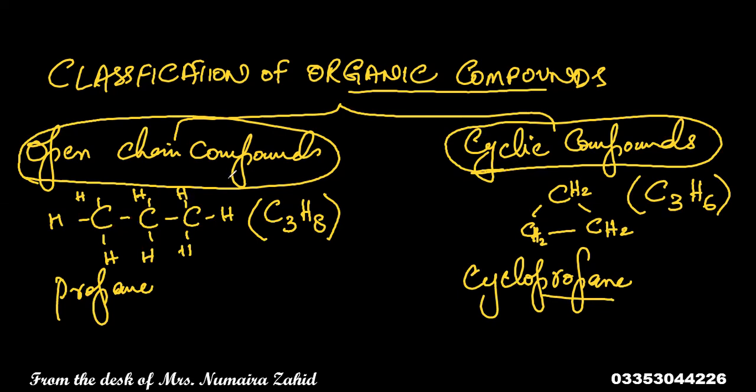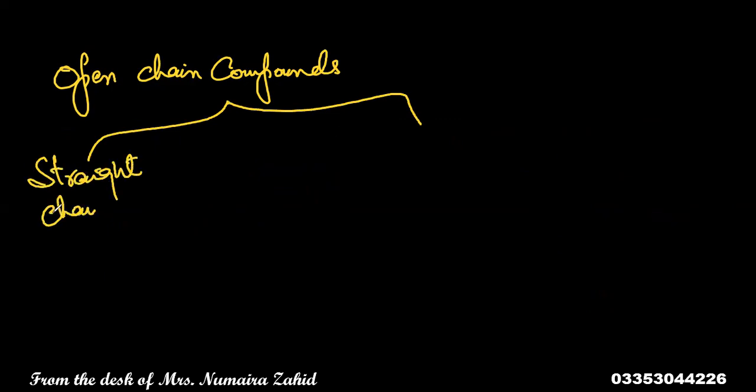When open chain compounds are further classified, they are classified into straight chain and branched chain structures.